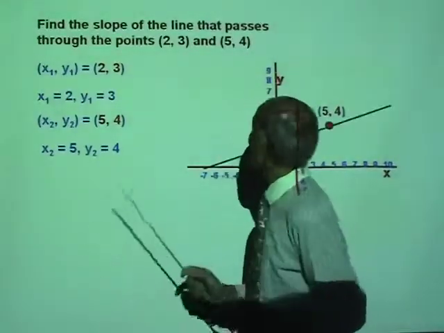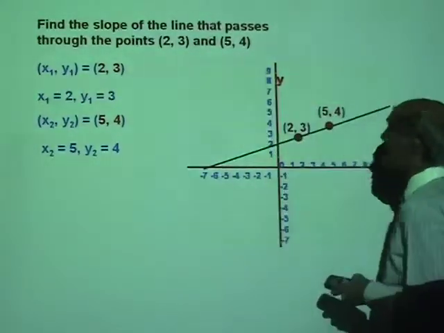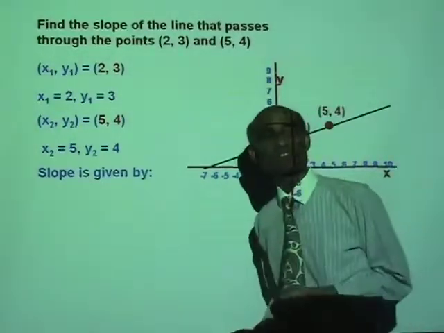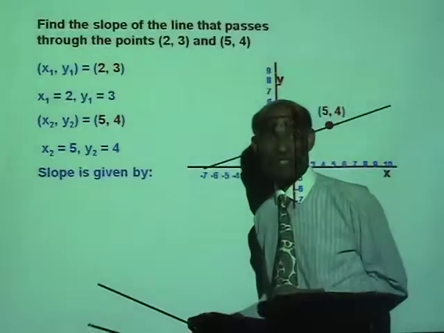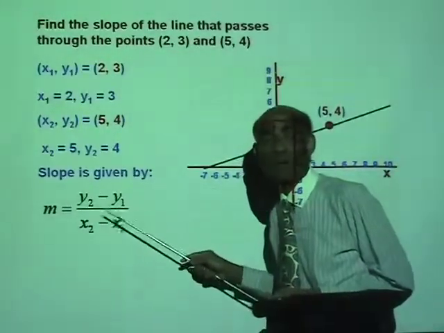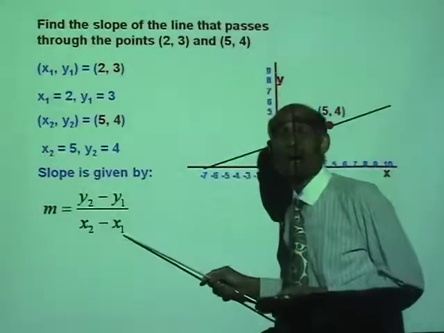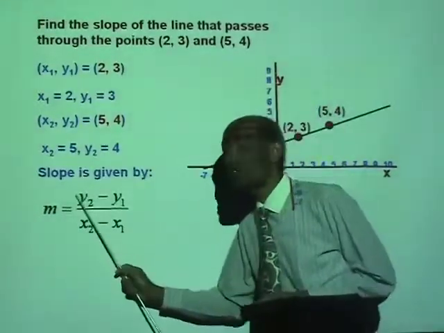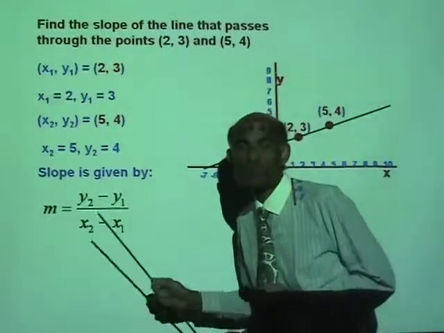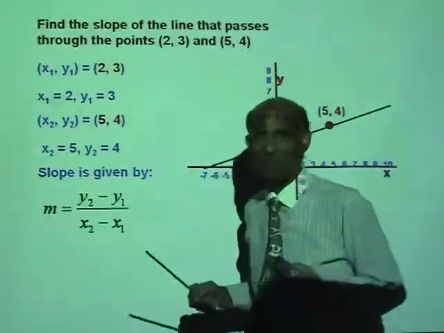Alright, can you tell me, look at the graph of the equation. What is the equation for the slope? The equation for the slope is m equal to y2 minus y1 over x2 minus x1. Change in the output divided by the change in the input. You must understand that concept very well.